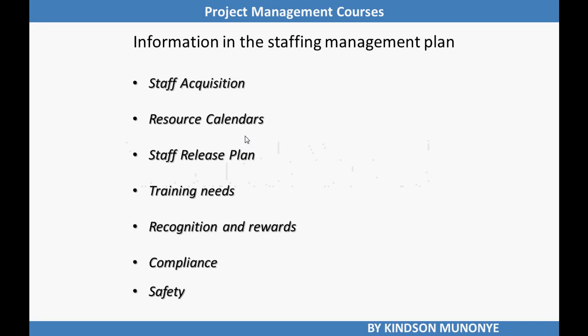For example, whether human resources come from within or from external sources, and whether members are going to work in a central location or from distant locations. We also have resource calendars, the calendars that identify the working days and shifts on which a specific resource is available.